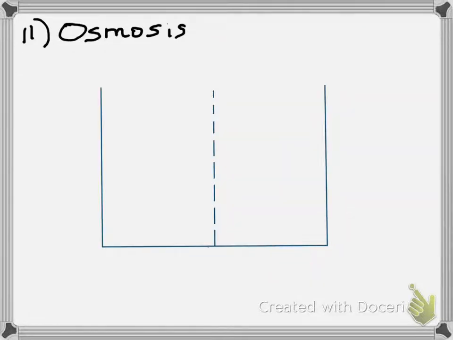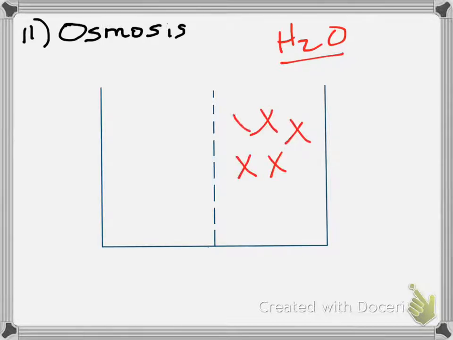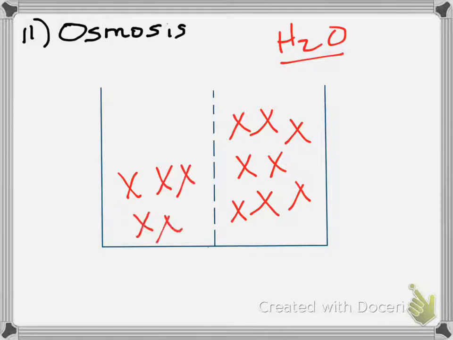The other type is osmosis, still a passive transportation method. In this case now you have a movement of the solvent, which in most cases is H2O, and H2O is going to be moving from one side to the other. So here you may have, again using the X's, really super high concentration of X's on one side and a lower concentration on the other.